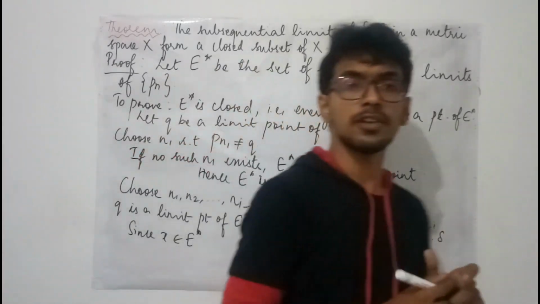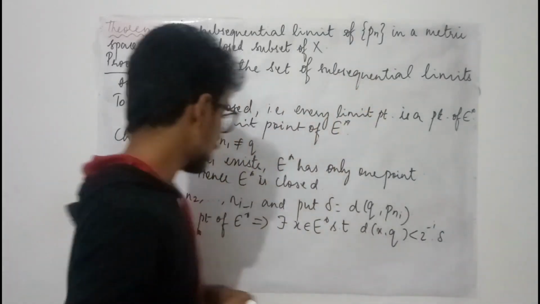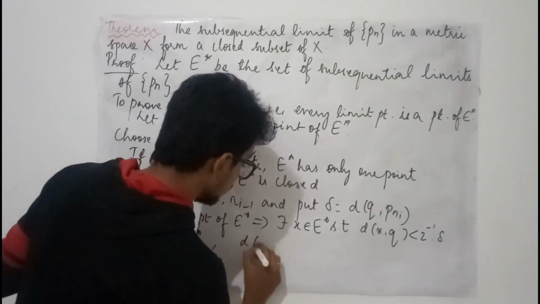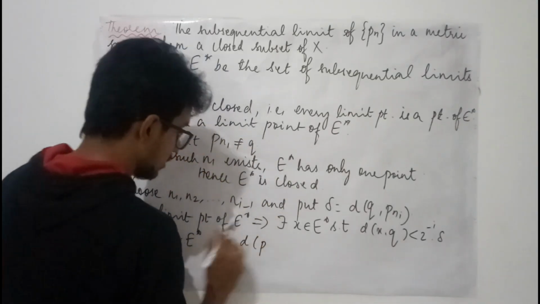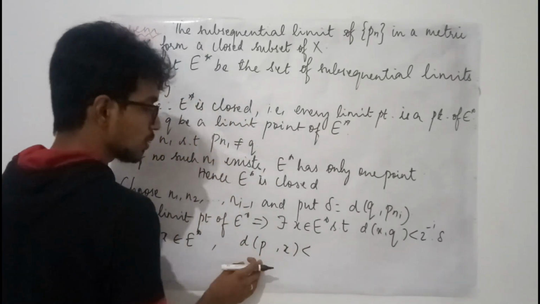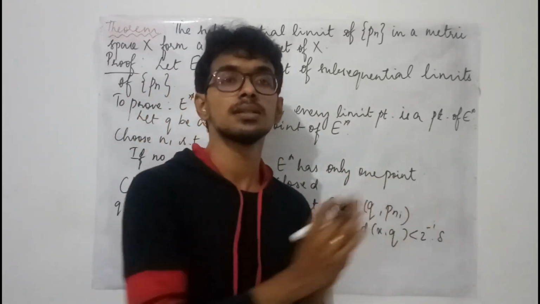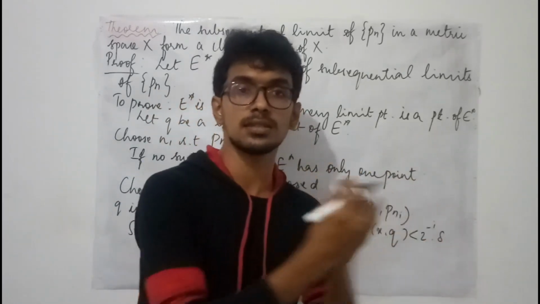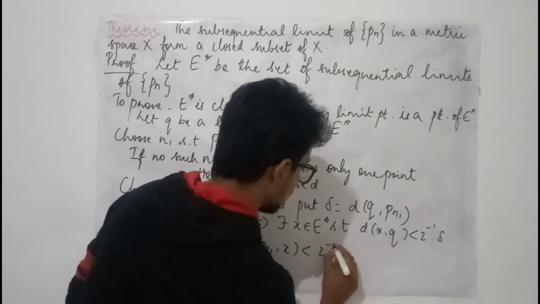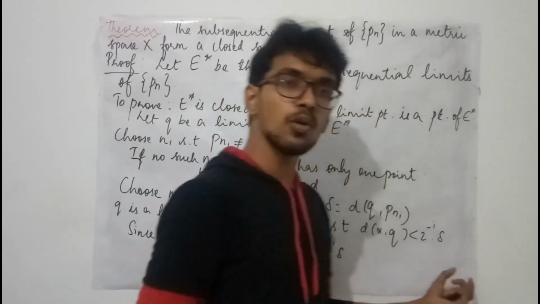When x is a member of E star, it means it is one of the subsequential limits, right? So this x is going to be the limit of some subsequence, and I have to identify such a subsequence. For this epsilon I may choose anything, so I am choosing the same value as my epsilon.